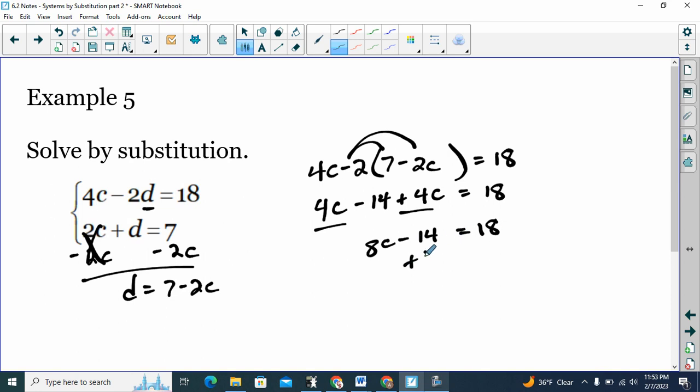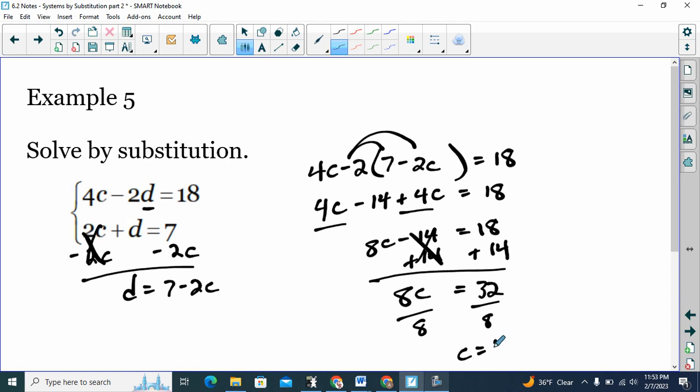Add 14 to both sides. 18 plus 14 is 32. And divide both sides by 8. c is 4.